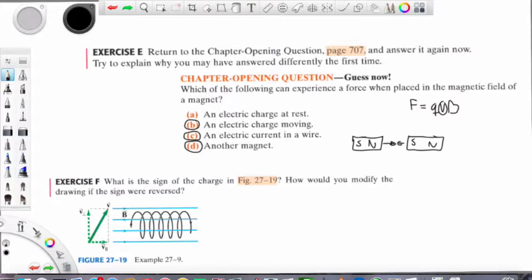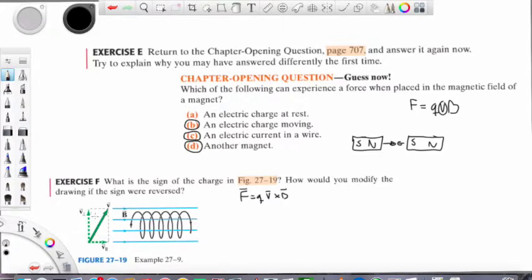The magnetic field doesn't affect the parallel component at all because F is Q times V cross B, and if V and B are aligned, their cross product is zero. So the only change to the trajectory of this particle comes from the fact that the magnetic field couples with the perpendicular velocity component.